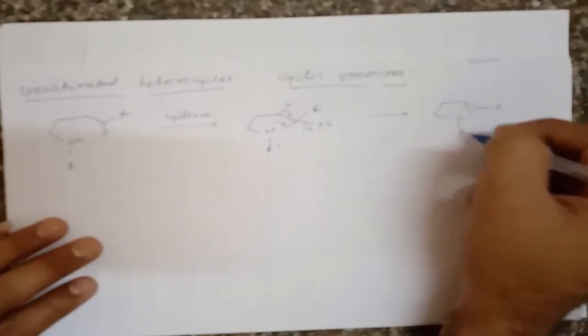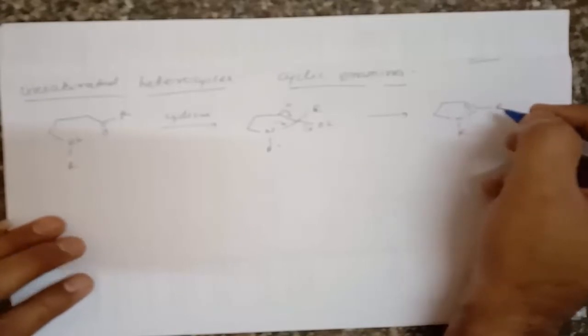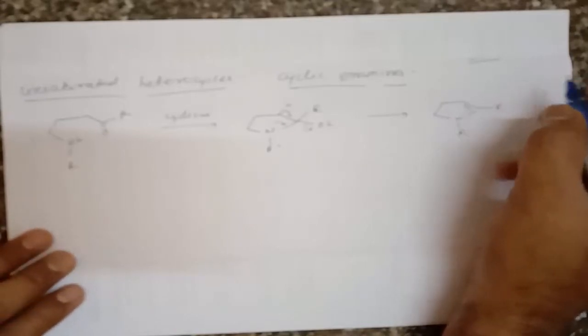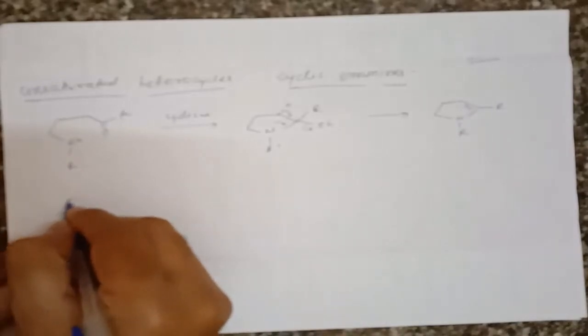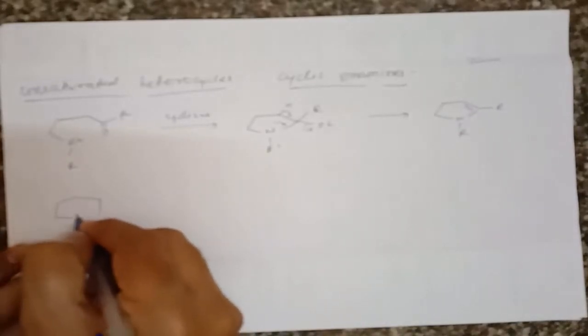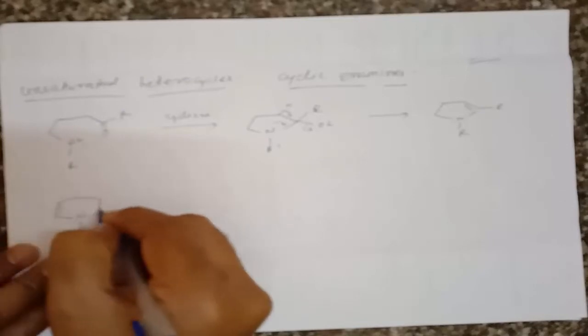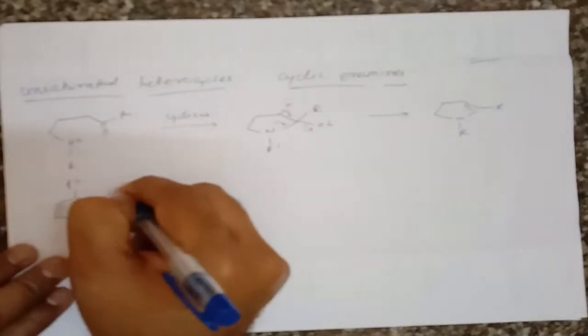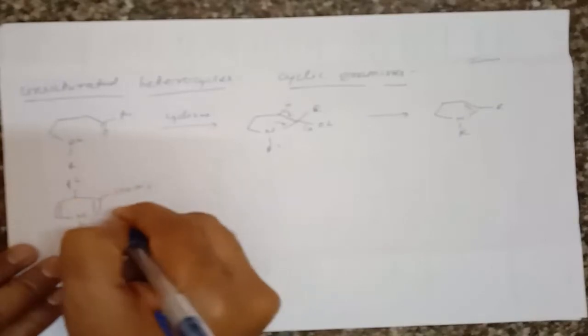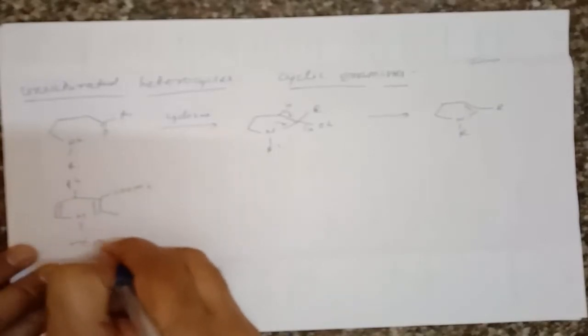And if there are such cyclic enamines, we can easily prepare them by using retrosynthetic analysis. Suppose there is a target molecule containing a cyclic enamine. So this is a cyclic enamine, and if other functionality is present on this molecule, we can break it.